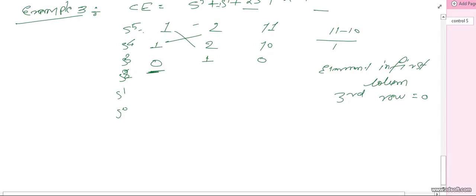Now what we have to do here, actually the third element in the first column is 0 and thus the Routh criteria fails at this stage. This difficulty is solved if 0 in the third row of the first column is replaced by a symbol epsilon and the Routh array is formed again, where epsilon tends to 0. Okay, so just keep this in mind.